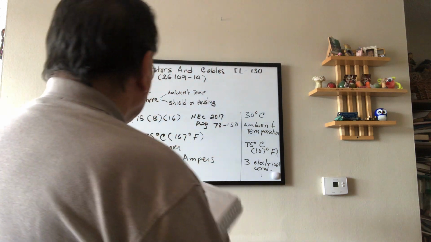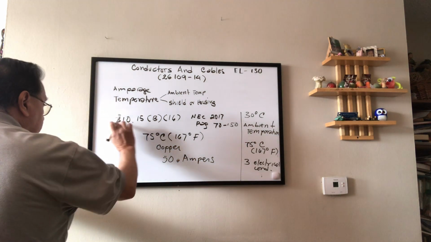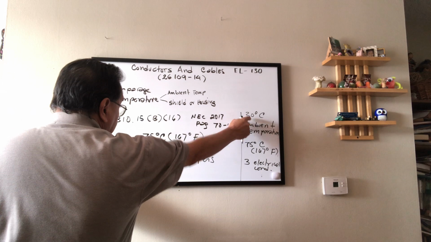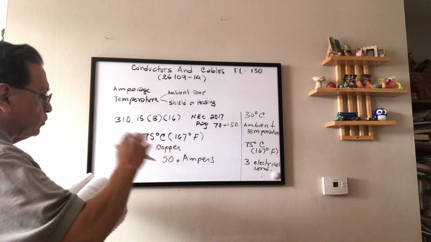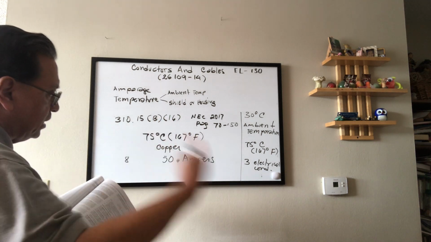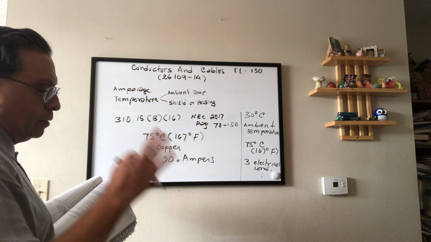So this is for three electrical conductors. This is for 30 degrees Celsius. Okay, and the 75 is the maximum temperature that the housing, the plastic material used on this electrical conductor, is able to support using 3.